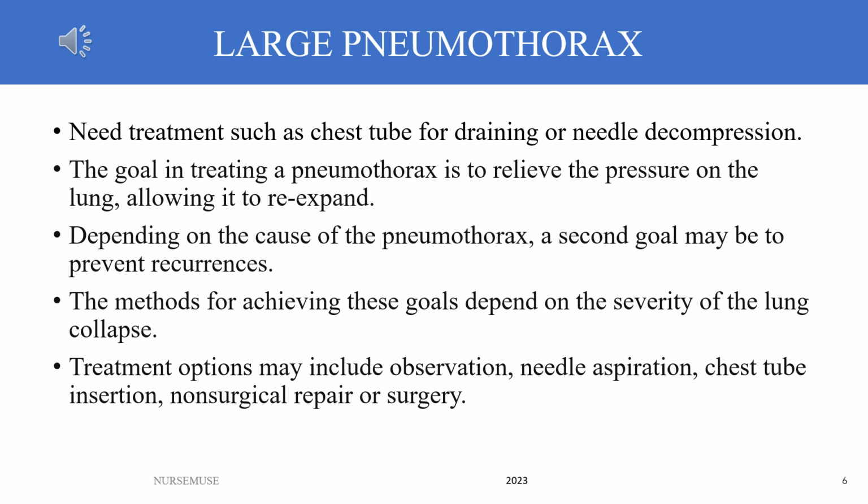So depending on the cause of the pneumothorax, the second goal may be to prevent recurrences of pneumothoraxes occurring. So the methods for achieving these goals depend on the severity of the lung collapse, and the treatment options may include observation or needle aspiration, chest tube insertion, and non-surgical repair or surgery to fix it.